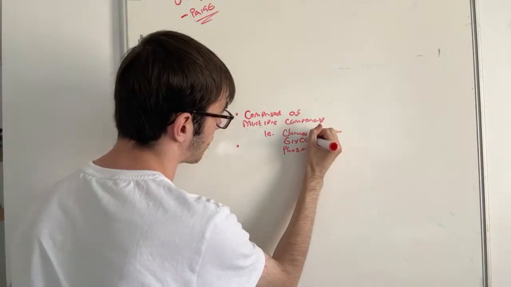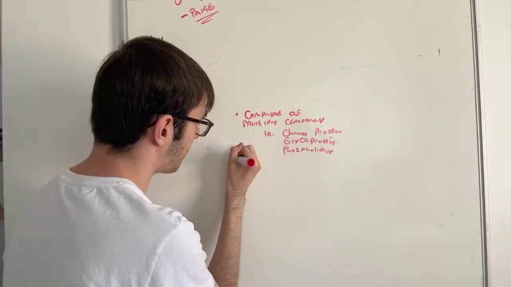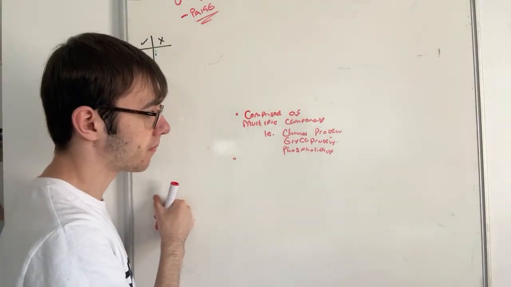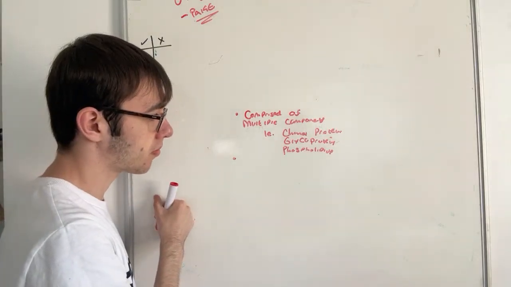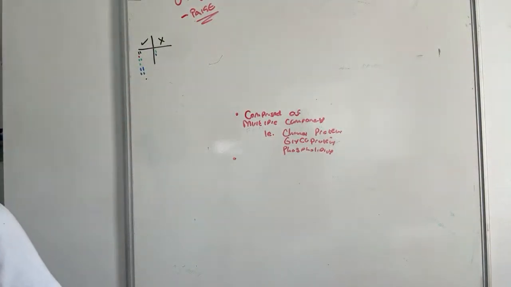I'll put glycoproteins. And these molecules have the ability, it says fluid, that implies movement. I don't know. Let's actually look at the answer for this, because I am going to need it.